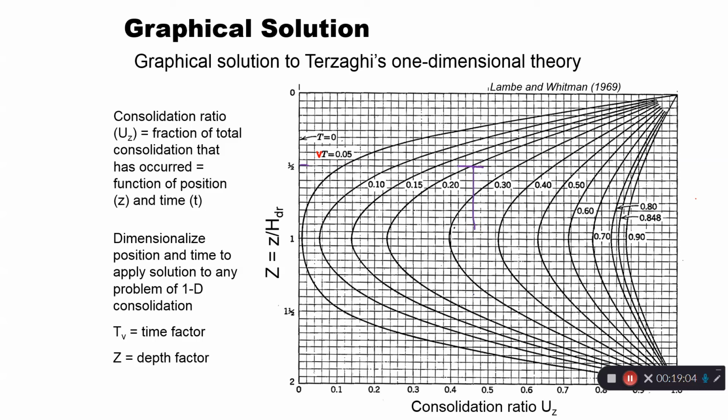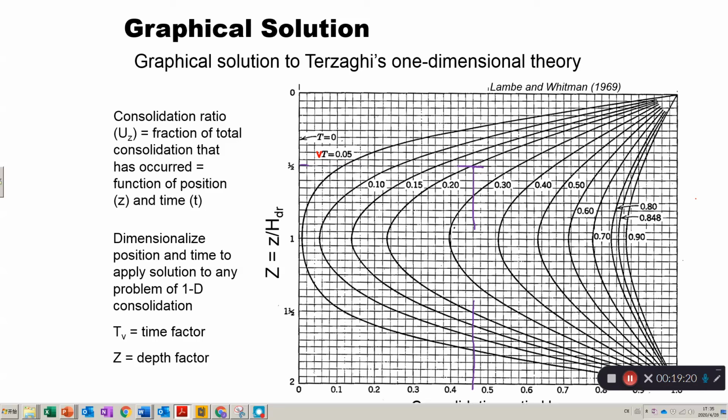So enter T_V and enter the depth factor Z, and we eventually can read my U_Z is about 0.46, 0.45.